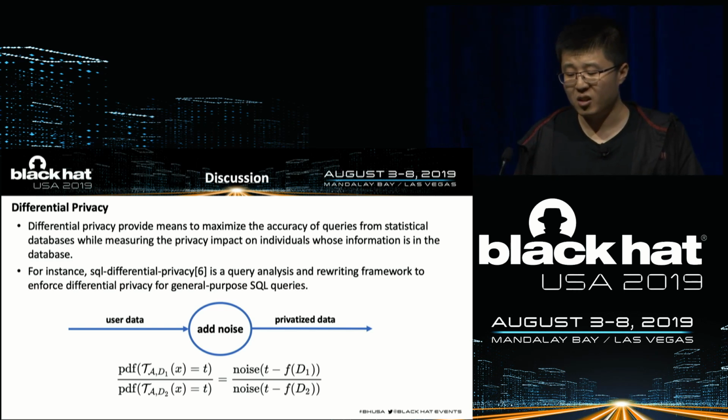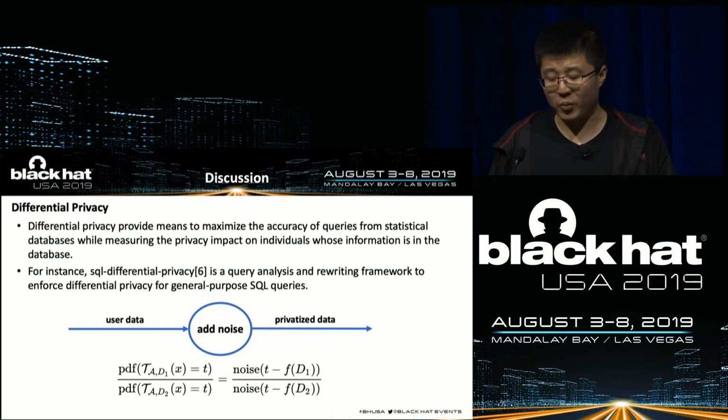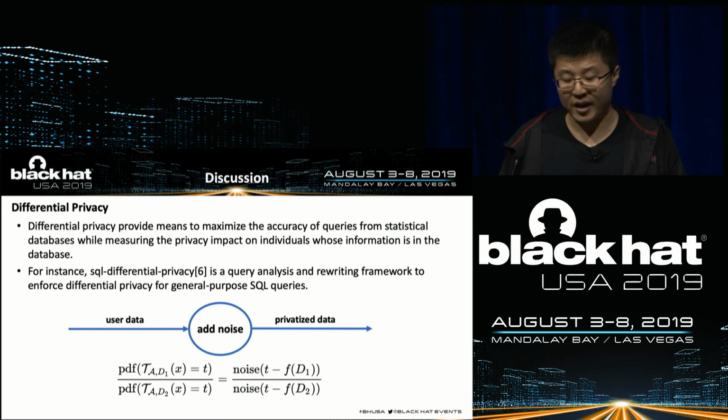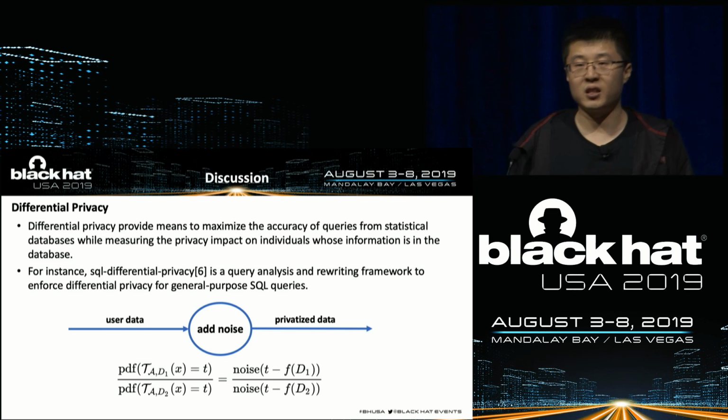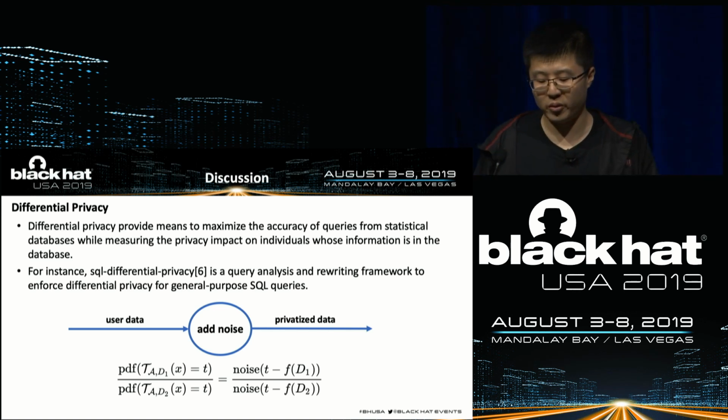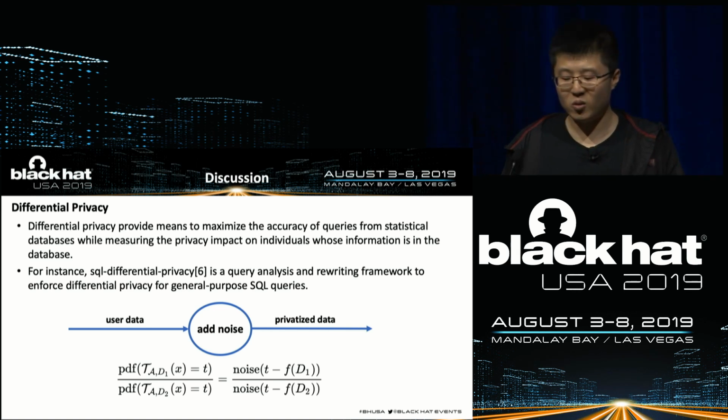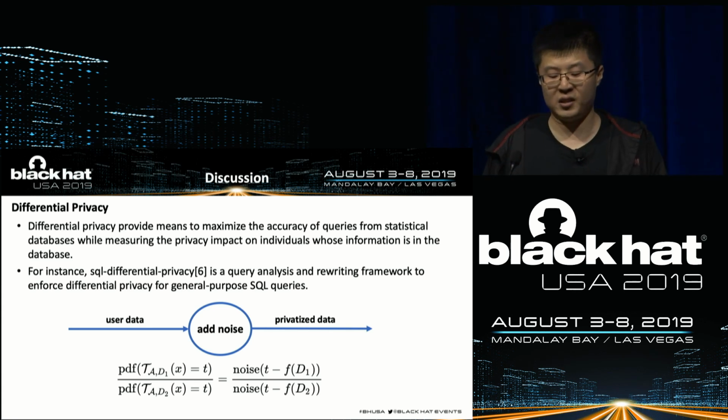For instance, Circle differential privacy is a query analyzing and rewriting framework to enforce differential privacy for general purpose SQL queries. And Apple also provides a differential privacy framework in the user space.